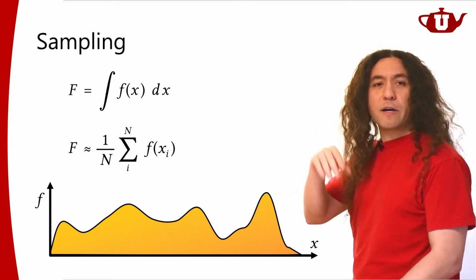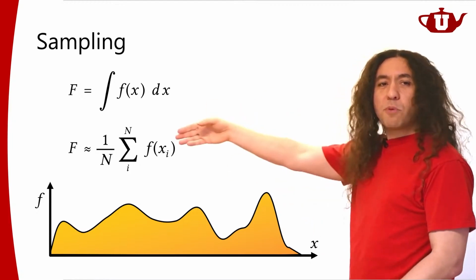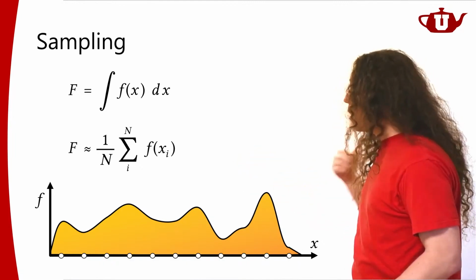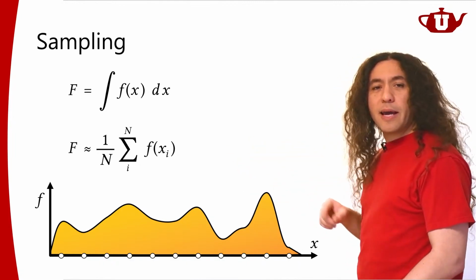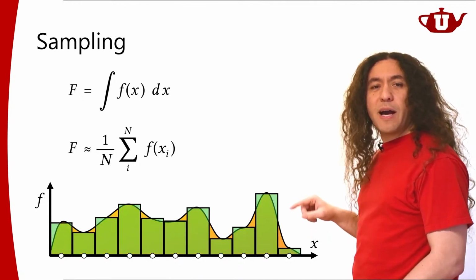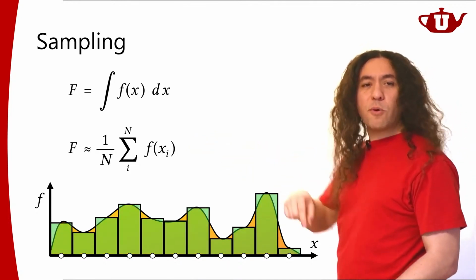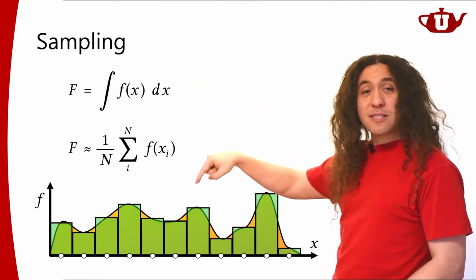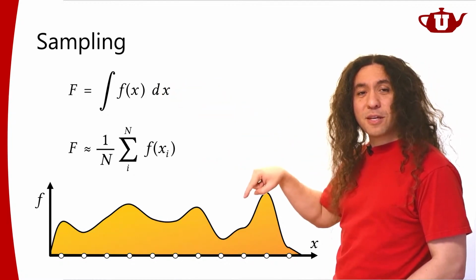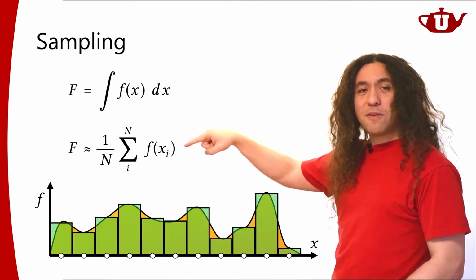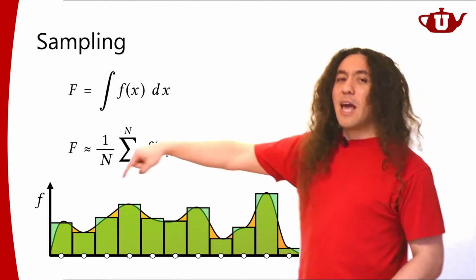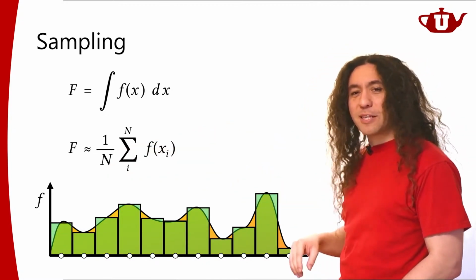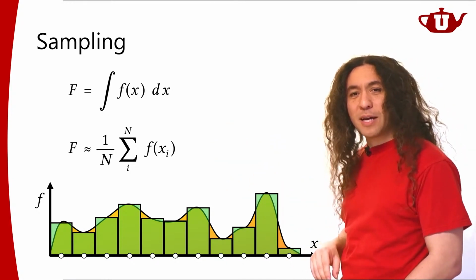It's just a 1D function. You can think about this process as having a finite number of samples along x, and then you compute the value of f at each one of those points. Basically, this integral will give you the area under f, and this is going to give you the approximated area. I'm skipping some of the details in the math just to make it look simple.